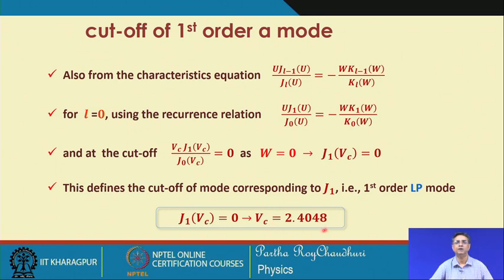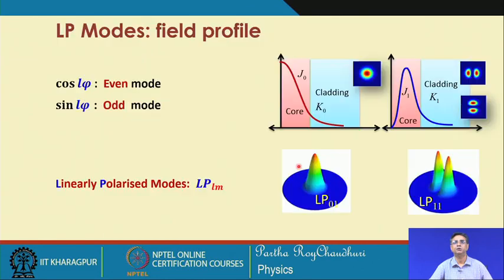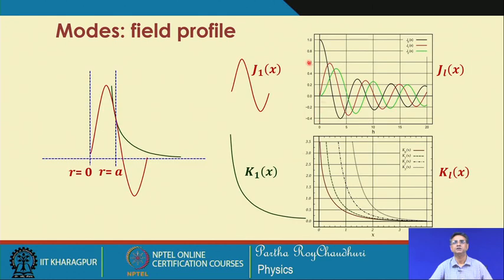This is a very well known number in optical fiber systems. And the J 1 function, if you want to see, this is your J 1 function, which will have the first 0 at this point. So, this point corresponds to x equal to 2.4048.